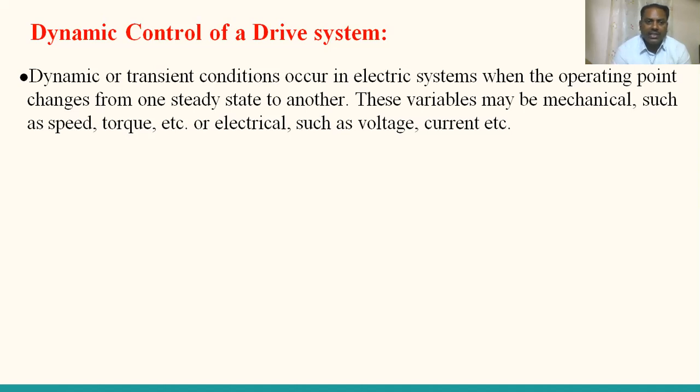Yes. So dynamic or transient conditions occur in electric systems when the operating point changes from one steady state to another. When the input parameters are constant, the drive operates at a constant speed. When the input operating parameters change, dynamics or transients arise in the system, so that it can change from one steady state to another.